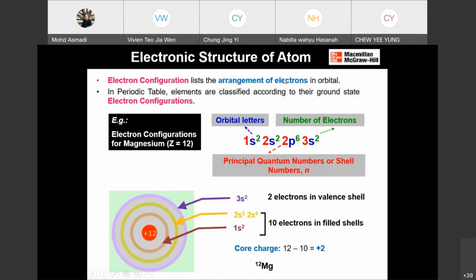The electron actually is a cloud of electron. It's not just orbiting around the nucleus and proton. We don't actually see the arrangement of the electron, because it's quite difficult to locate the position of the electron because it's moving.